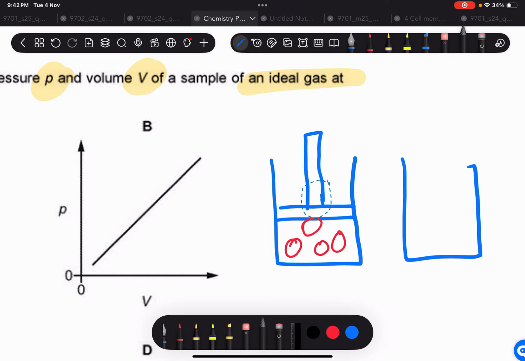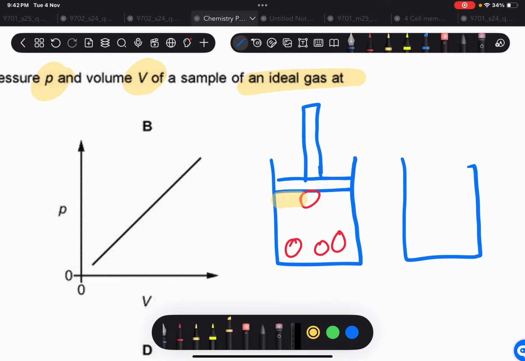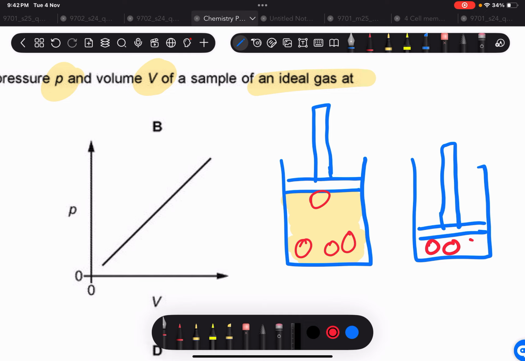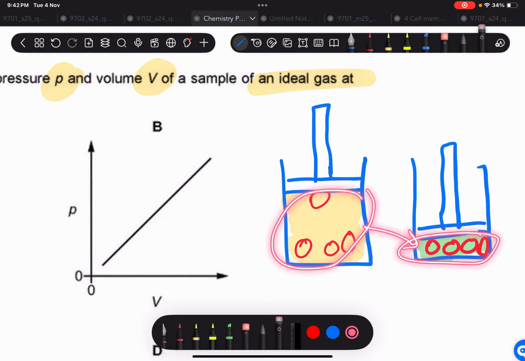Initially, before the piston was moved downwards, this part was my volume. But once I pulled the piston downwards like this, now what's my new volume? This part is my volume. So my volume decreased from this to this.